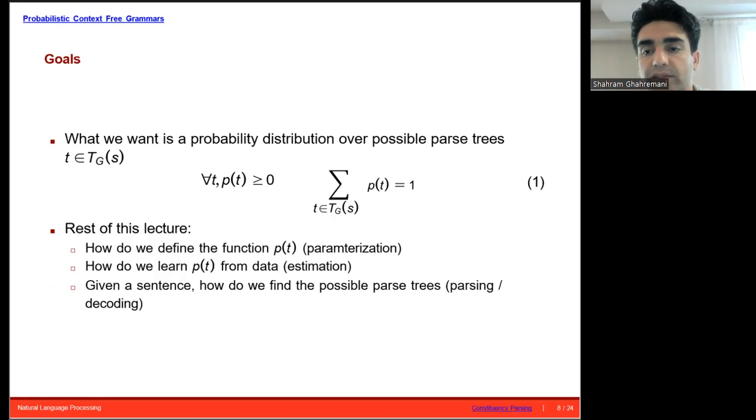So this leads to a couple of questions. One, how do we parameterize our grammar to give us this distribution, and how do we learn this parameterization from data? And finally, how do we figure out the possible parse trees given a particular yield of a sentence?